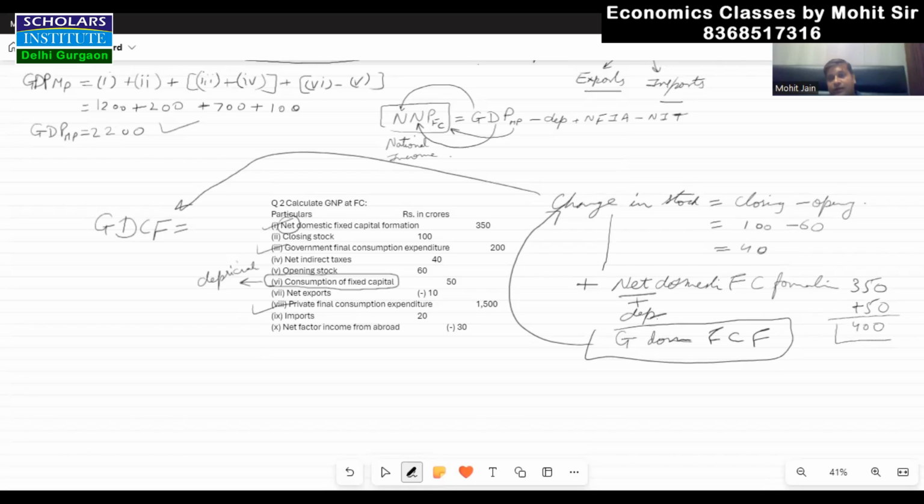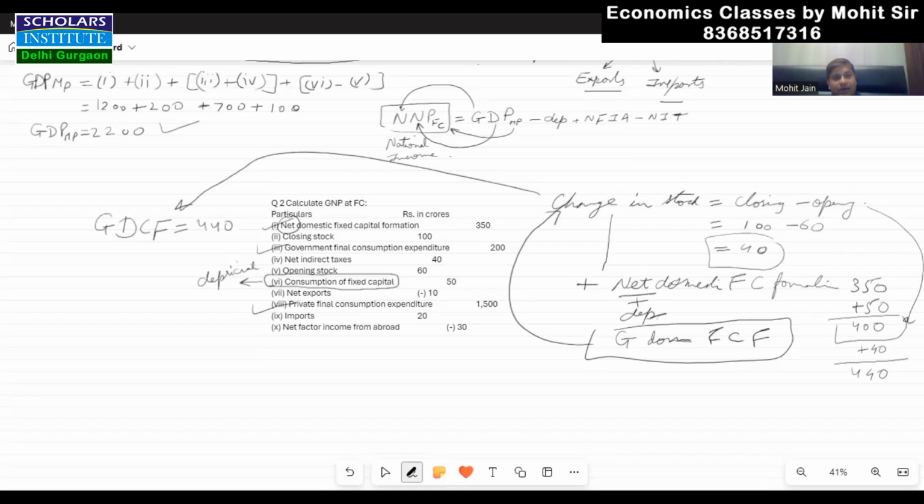Add to this 400 the change in stock, which is 40. So plus 40, what you get is 440, which is gross domestic capital formation, 440.